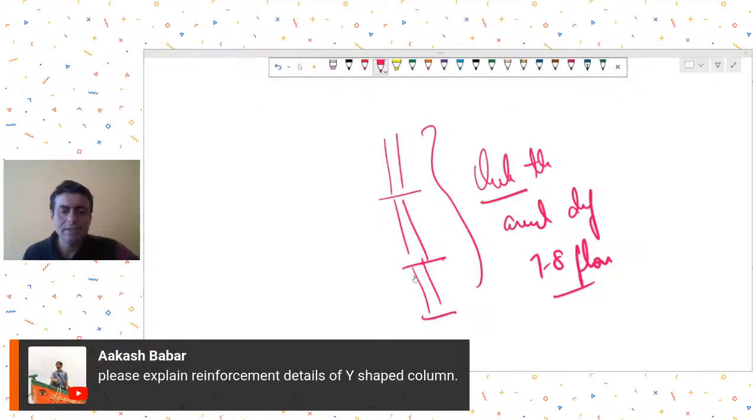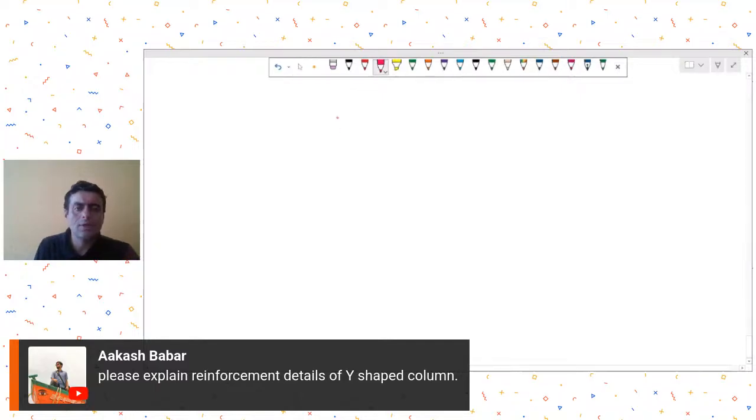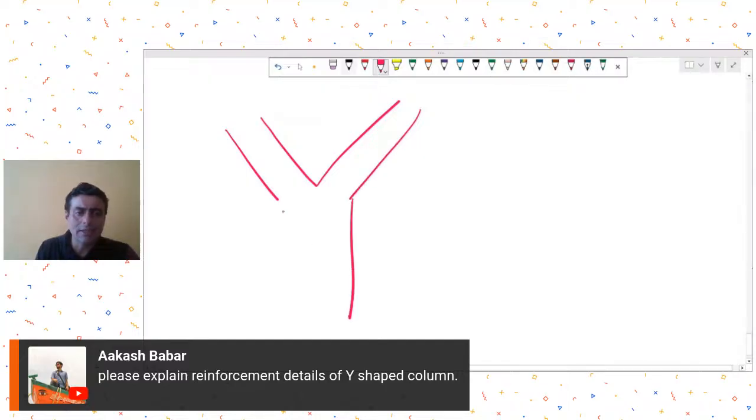Mr. Akash Babar is asking, please explain reinforcement details of Y-shaped columns. No, I mean, what is the thing that you want to understand? Whatever reinforcements you are getting, you need to provide that. So let's say you had a Y-shaped column. Is it in sectional view you are saying, or is your Y-shaped column like this, in elevation?